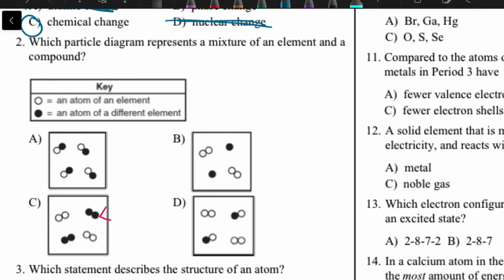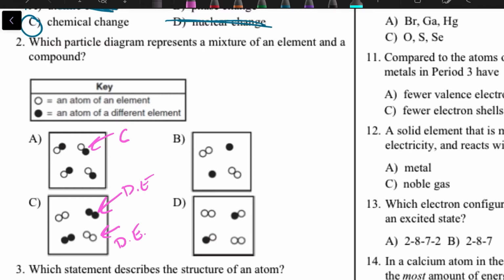Number 2, which particle diagram represents a mixture of an element and a compound. Whenever you have these particle diagrams, it is a great idea to start with labeling it. A compound is 2 or more different colors connected together. This black one and this white one are diatomic elements. Two of the same color is still an element, not a compound.